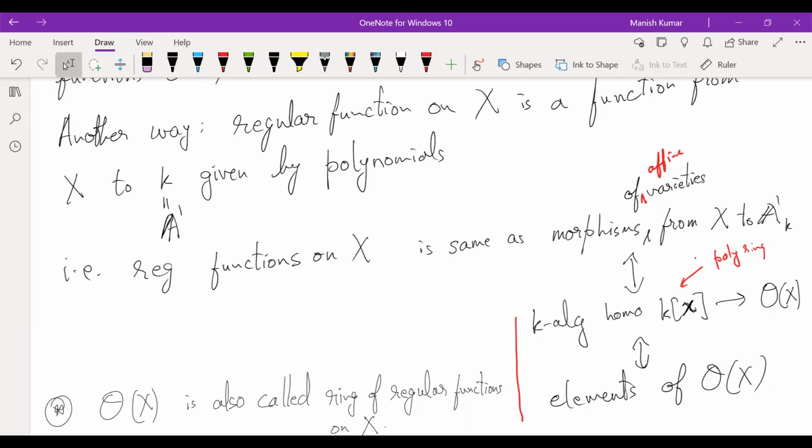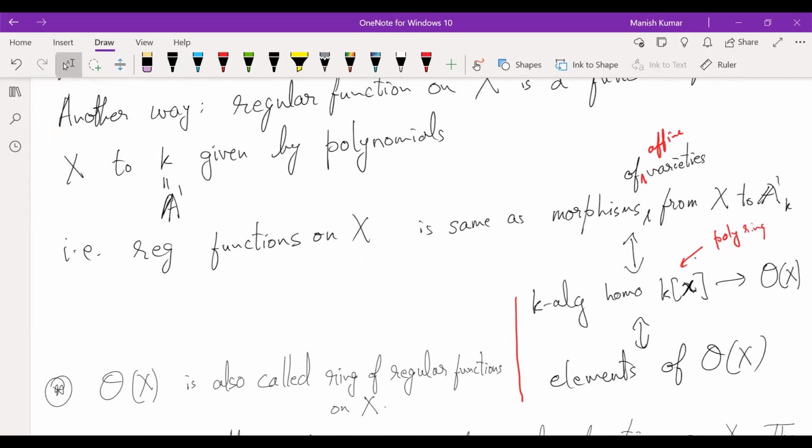This is how one should think about it. It is a function from X to k defined by polynomials in some sense. For this reason, O_X is also called the ring of regular functions on X, because it is a ring and it consists of all regular functions on X.